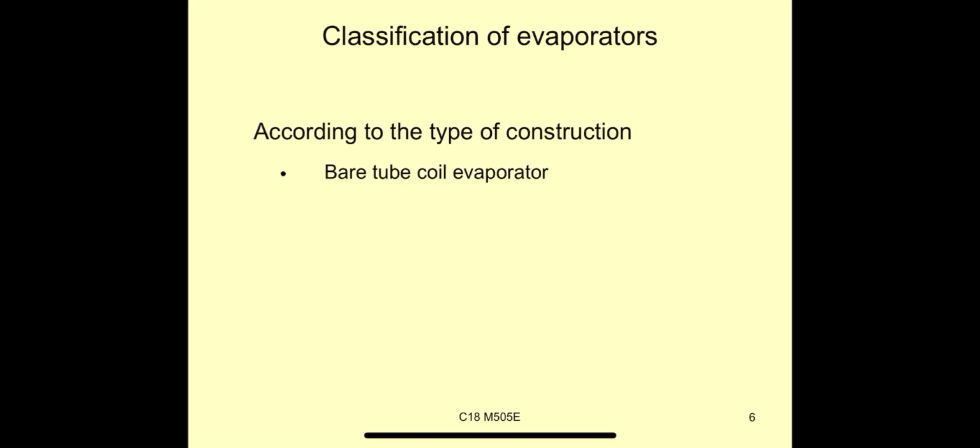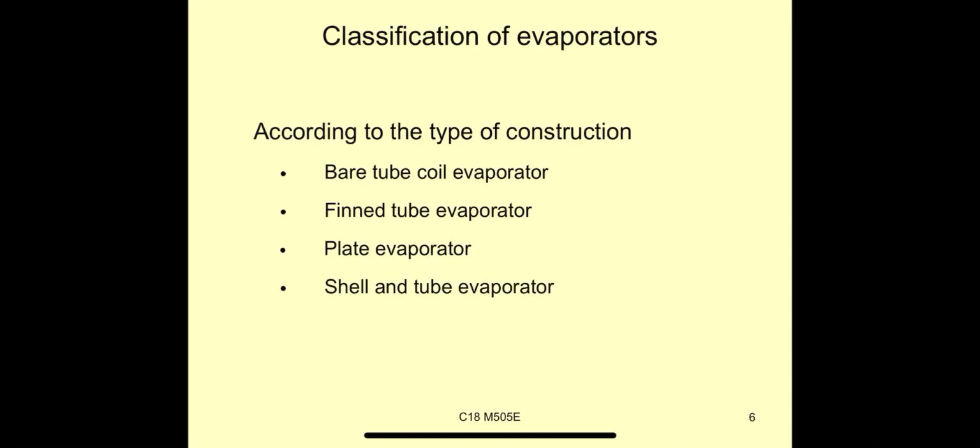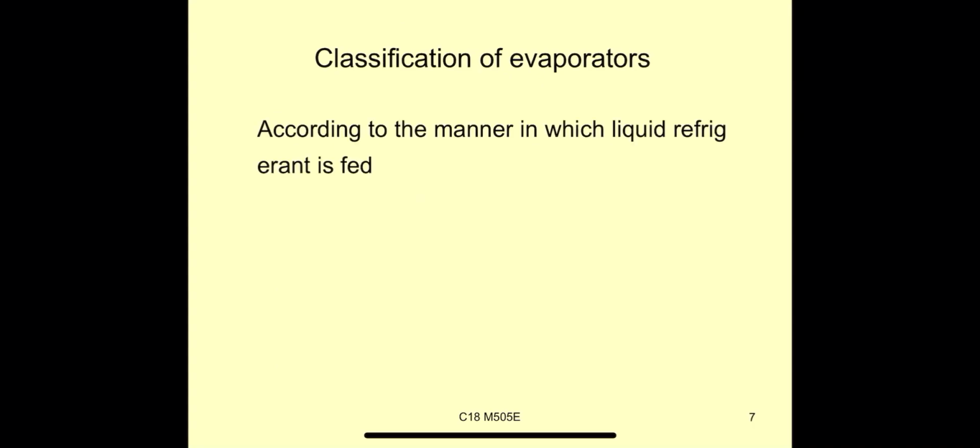Then classification of evaporators. According to the type of construction, there are bare tube coil evaporator, finned tube evaporator, plate evaporator, shell and tube evaporator, and shell and coil evaporator. According to the manner in which liquid refrigerant is fed, there are flooded evaporator and dry expansion evaporator.